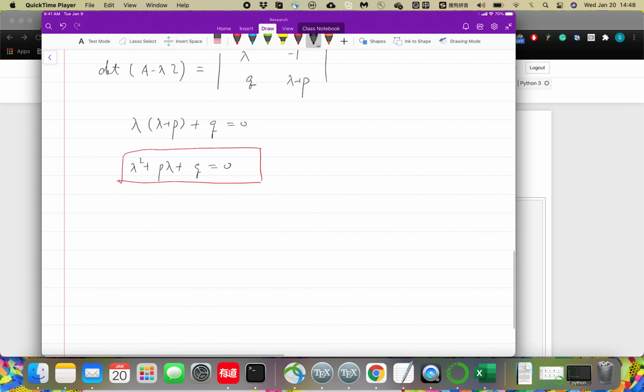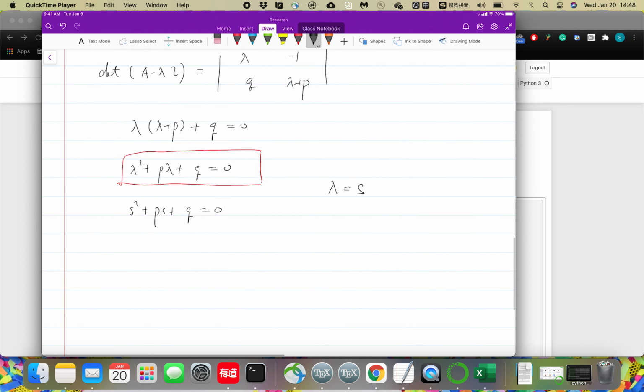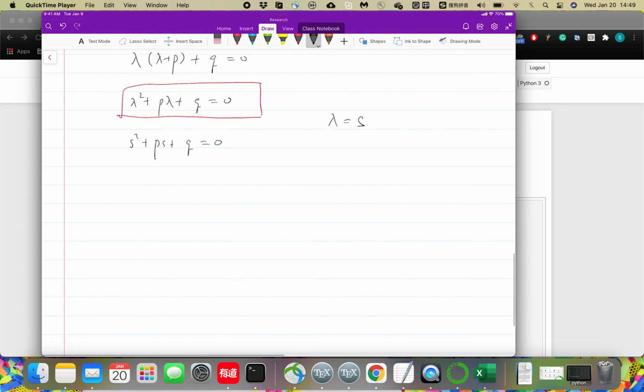If I write it here, what we had before is s squared plus p s plus q equals 0. So from here you can see they're exactly the same thing. Actually, your lambda equals s. So with all our guessing before, we were basically guessing the format we did in chapter 3. That is, we're guessing the eigenvectors and eigenvalues.